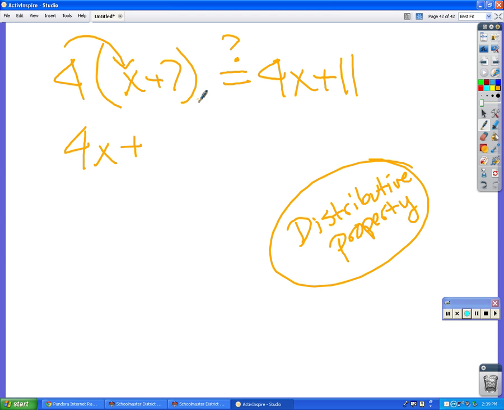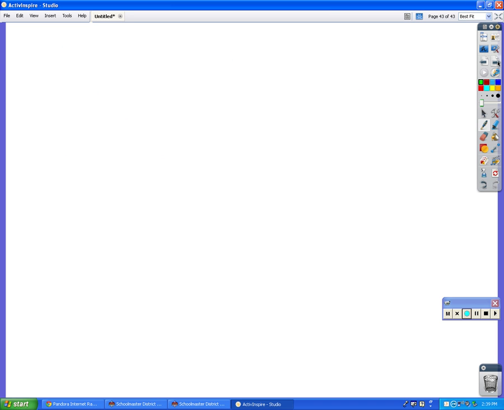Since the 4 is outside the parentheses, it's multiplication all the way through, so I have to go 4 times 7, which is 28. So in this case, those two things are not the same. So you can use the properties a little bit to tell whether things are equivalent or equal or not.